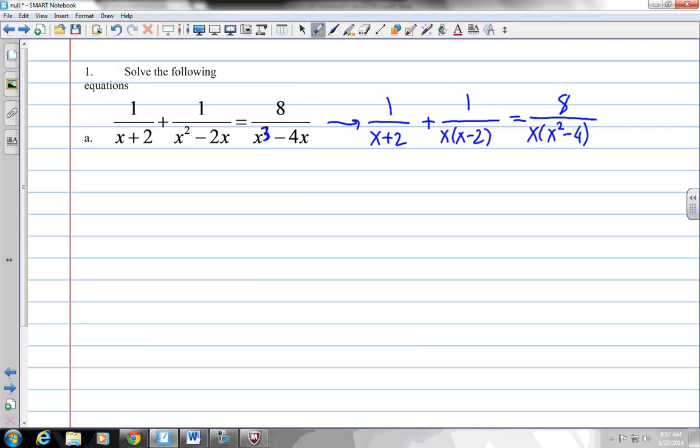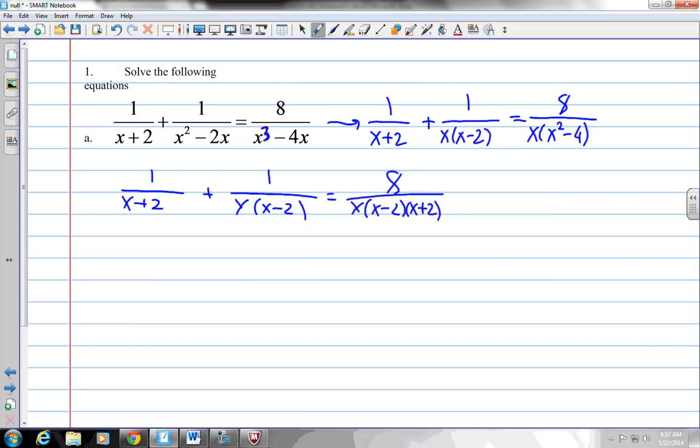And then x squared minus 4, using the difference of squares formula, becomes x plus 2 times x minus 2. So if I factor it further, right, this is a lot better if that was a cube.